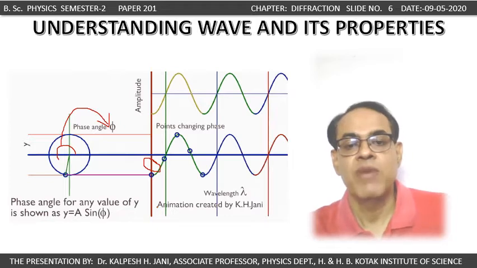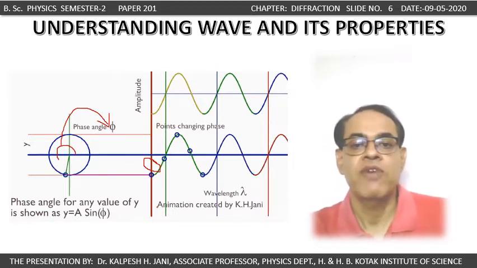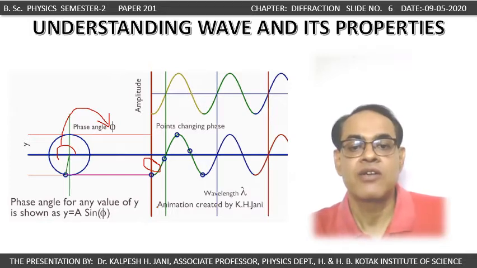Because if you take one total wavelength, there are two positions. Suppose you take one point here, it has some value of y, but this other point also has the same value of y.